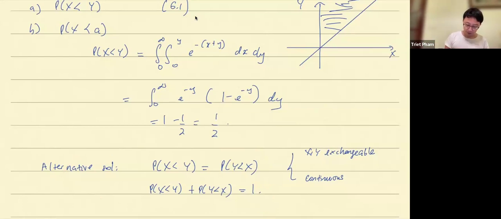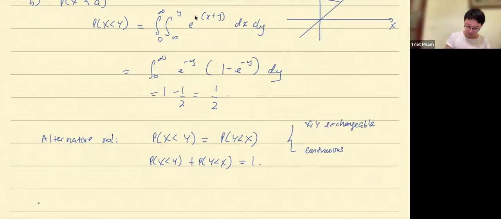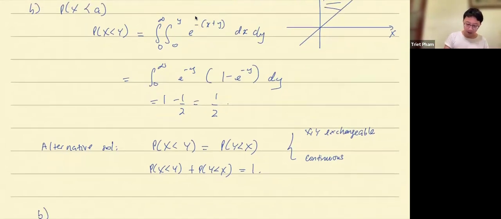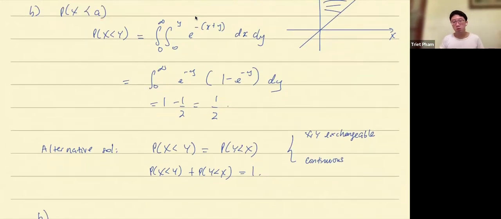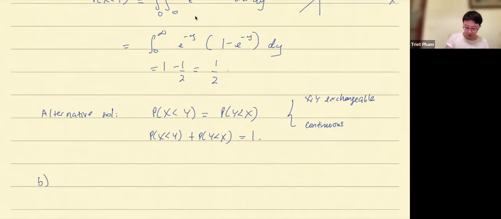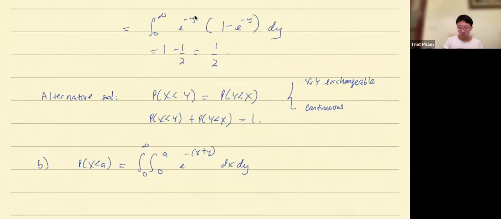All right, so let's take a look at B: probability X < a. Well, what's the good old-fashioned way of doing it? The good old-fashioned way is, of course, just to calculate the double integral, which will be e^(-y)(1 - e^(-a)) dy.